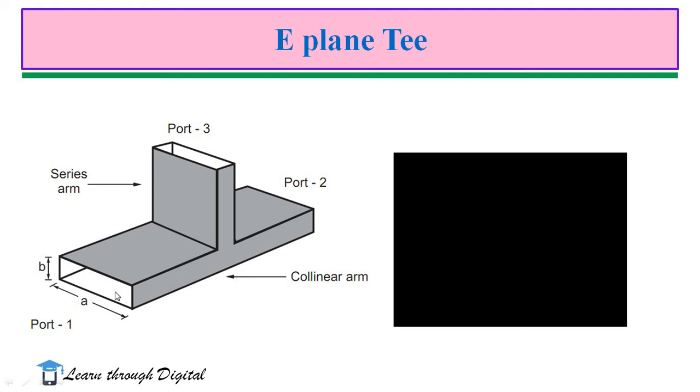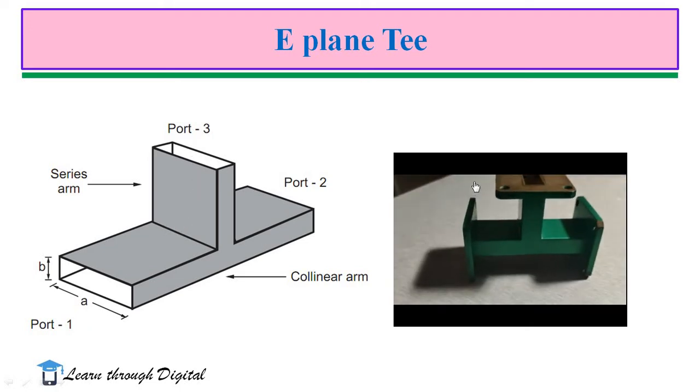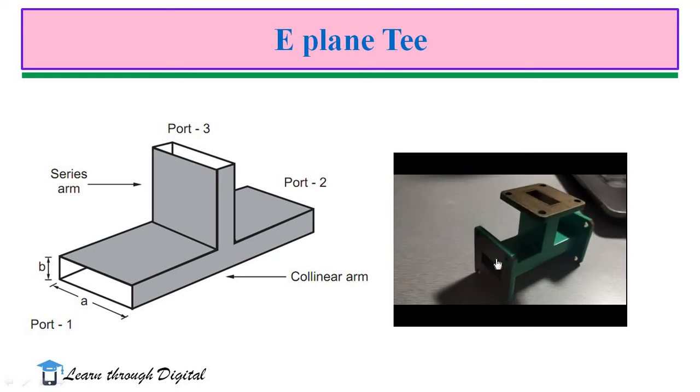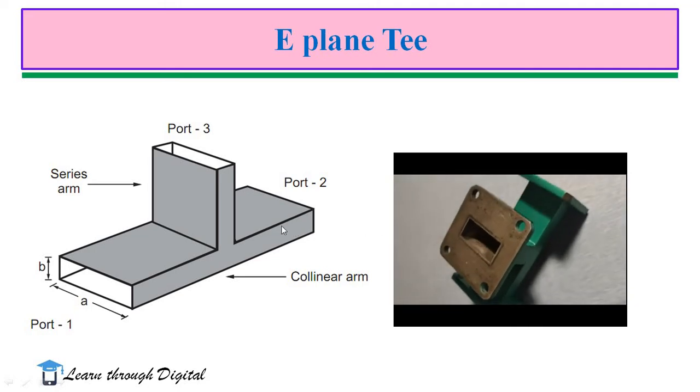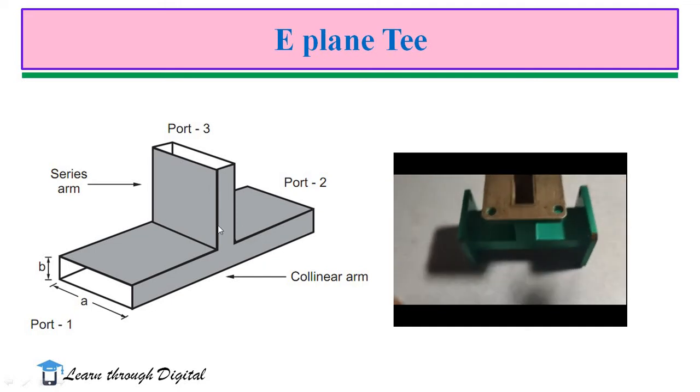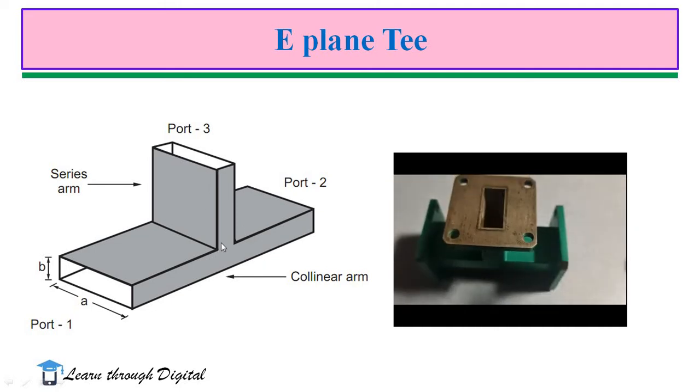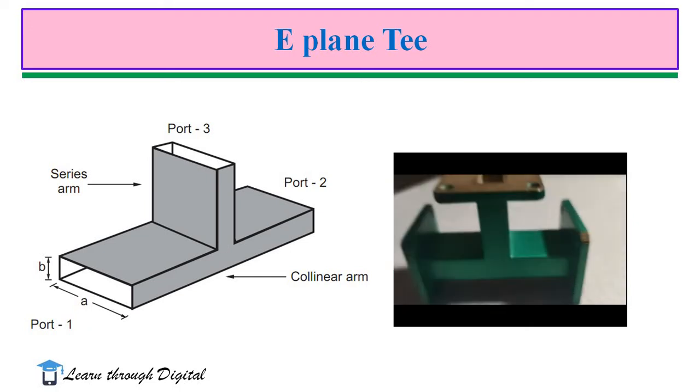You observe that the rectangular waveguide is a collinear arm. The side arm is attached to the broader dimension of the collinear arm or main waveguide. This is port 1, port 2 and port 3. So in this video, this is the E-plane T. You observe the side arm is placed parallel along the direction of the electric field vector.